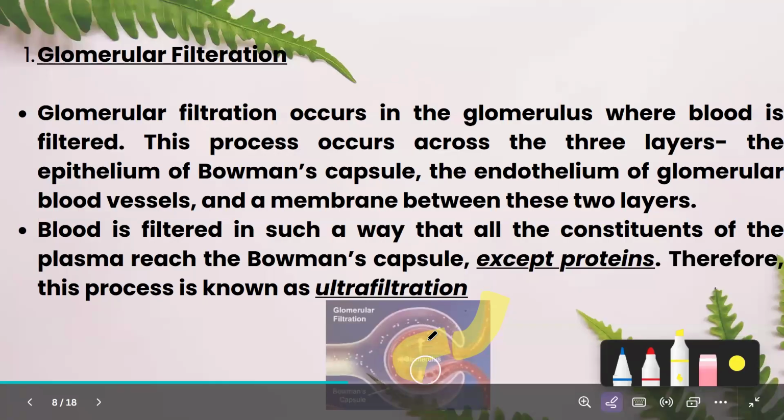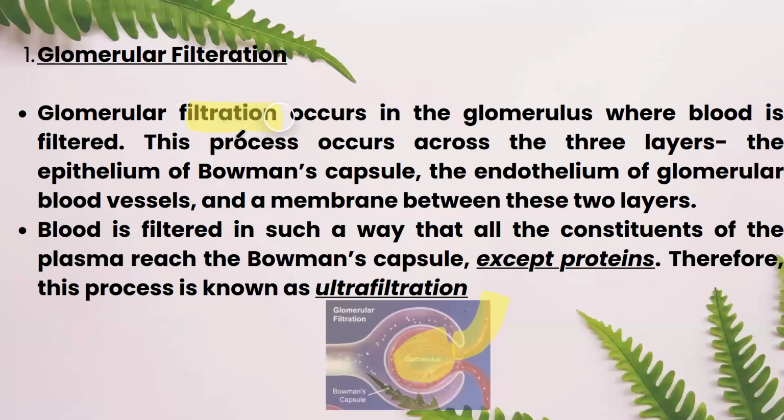This part is the glomerulus. Here the filtration of the blood happens, and this process occurs across three layers. This is very important. The first one, the epithelium of Bowman's capsule, the endothelium of the glomerulus.